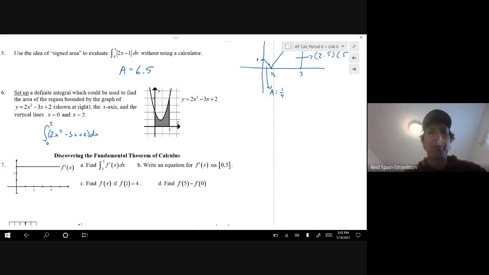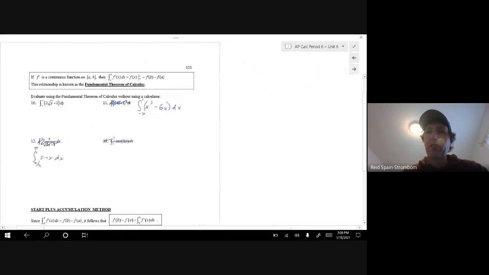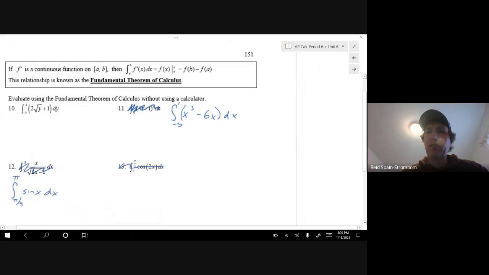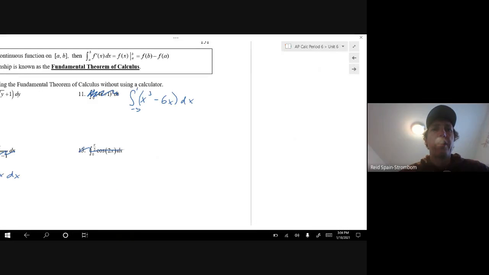But our fundamental theorem of calculus says that if you have f prime as a continuous function, then the integral of f prime from a to b is going to be our integral of f prime, which I'm going to say is f of x, and we're going to plug in b and a to get f of b minus f of a.